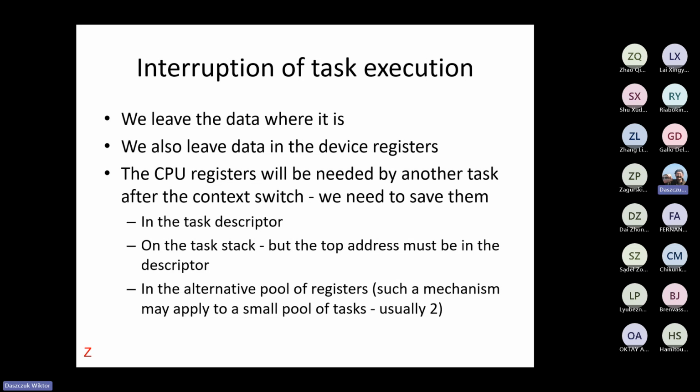So during a task switch, we leave the data in memory where they were. We do not touch them. We also leave the data in device registers, in devices that are allocated to the task. But CPU registers will be necessary for running other tasks, so we must save them somewhere.